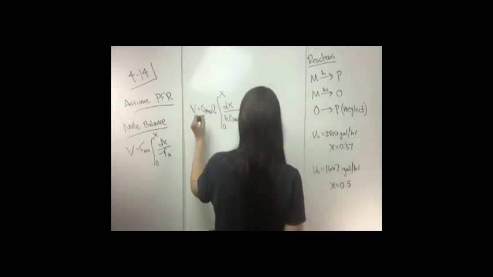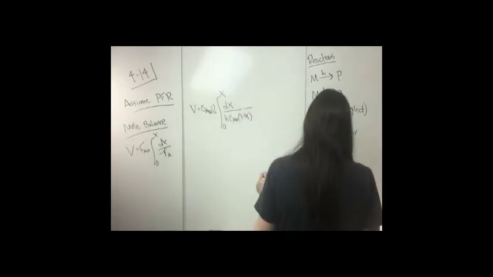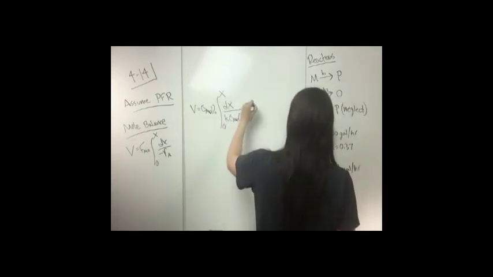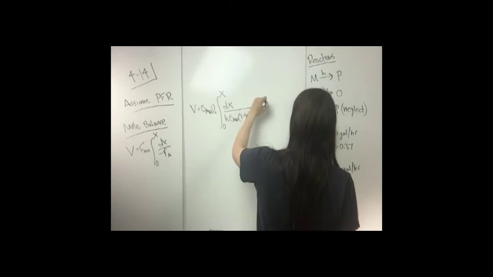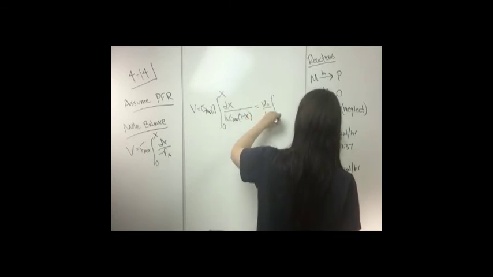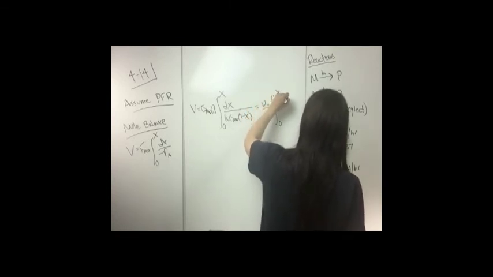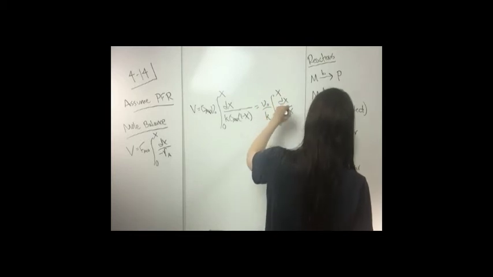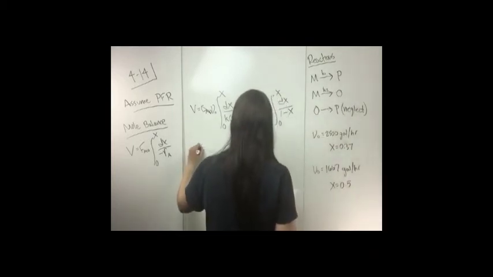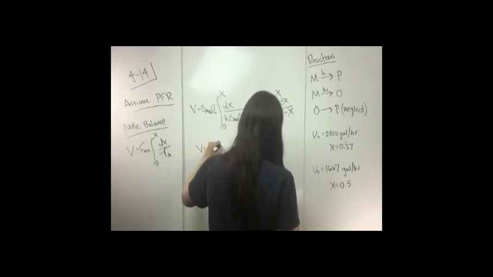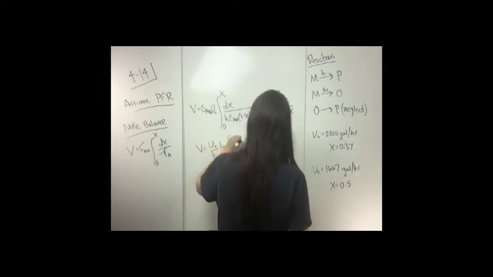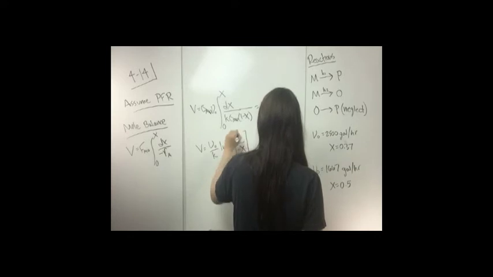So this can cancel, and we have V naught over k, integral 0 to x dx over 1 minus x. So V is equal to V naught over k natural log of 1 over 1 minus x.